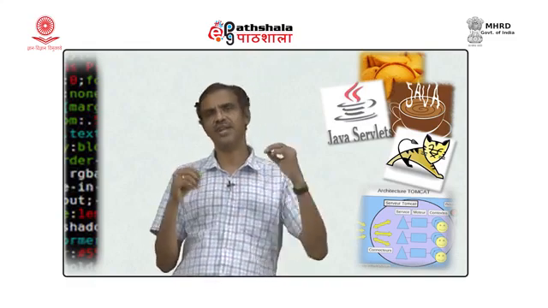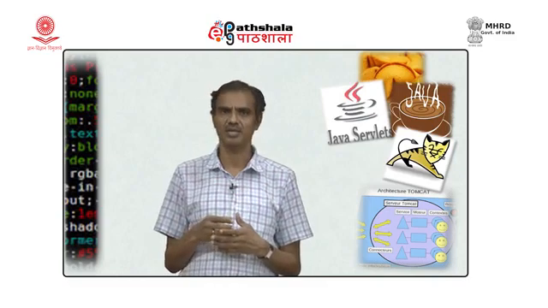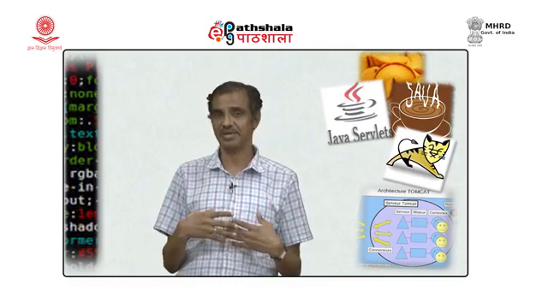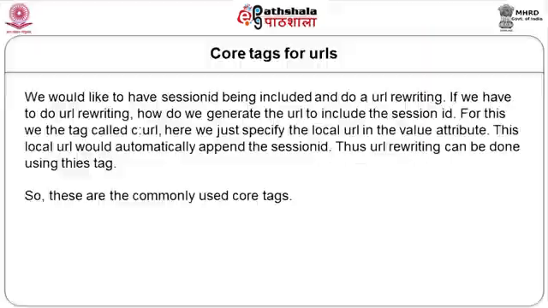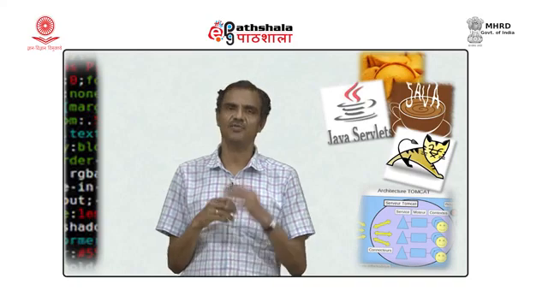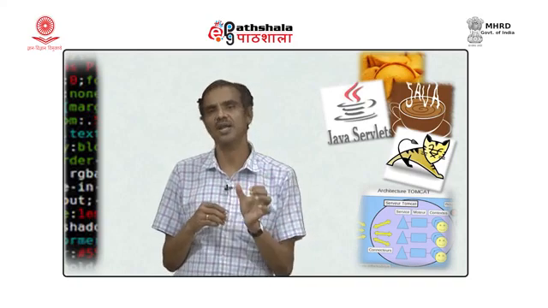So, wherever you have a URL within your application, you would like to have the session ID being included. That means you have to do your URL rewriting. Now, if you have to do URL rewriting, how do I generate that rewritten URL? For that we have a C:url tag.